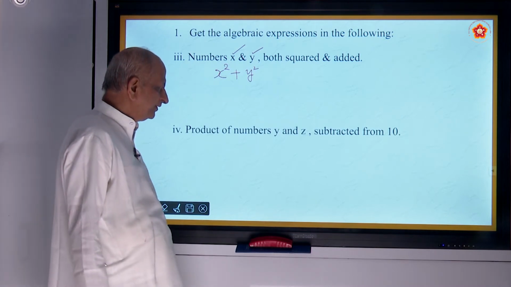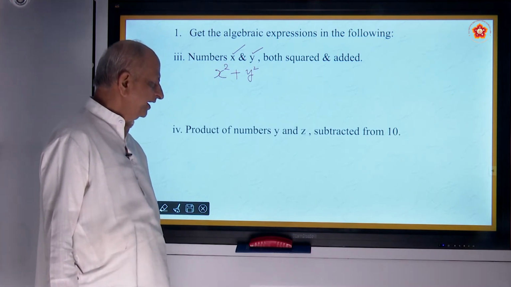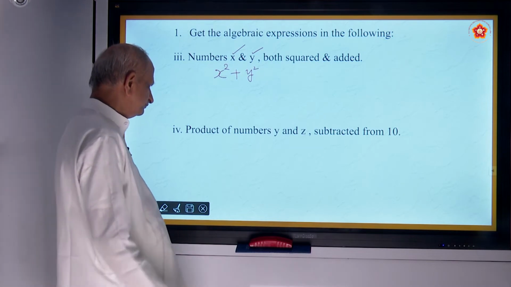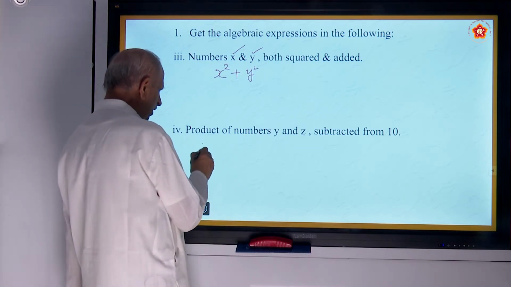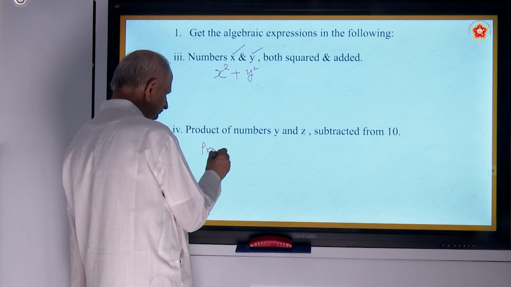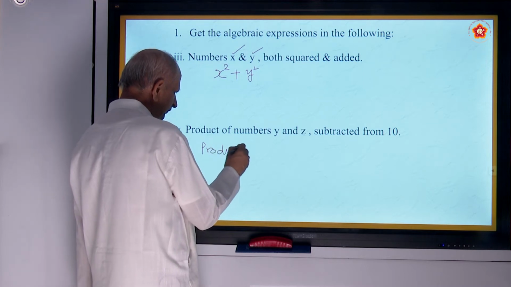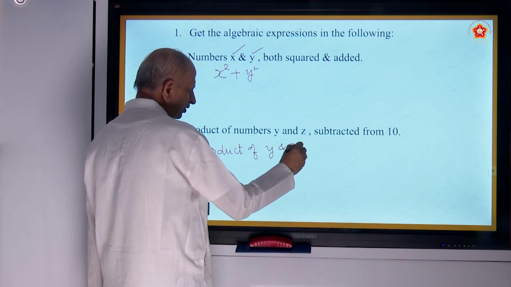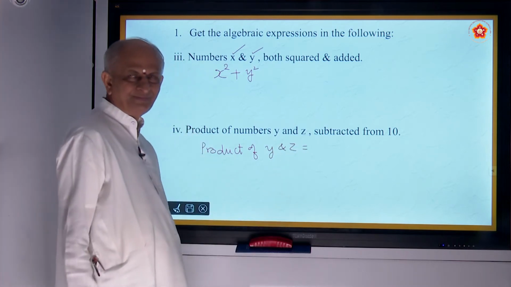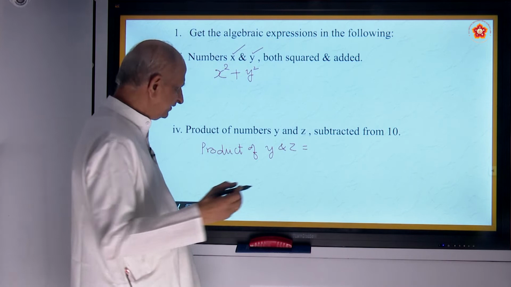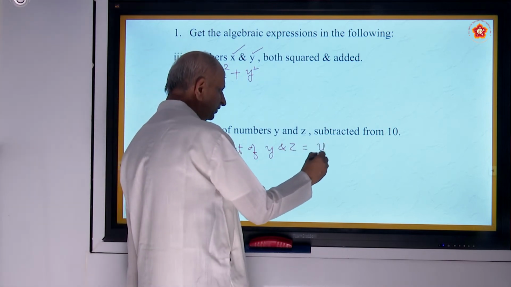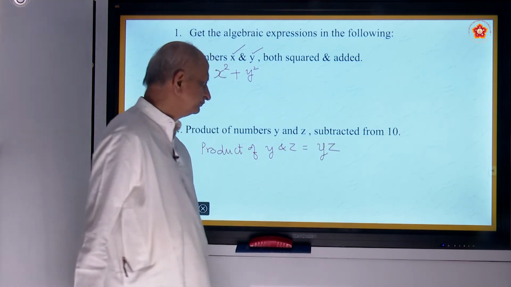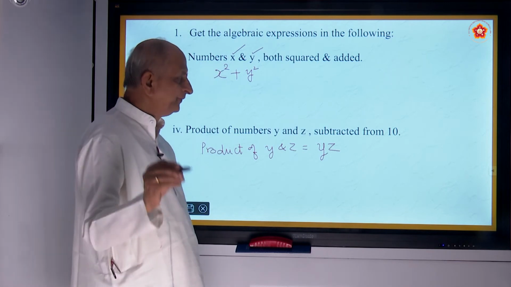Product of numbers y and z subtracted from 10. So product of y and z. What does product mean? You have to multiply, correct? So product is YZ, subtracted from 10.